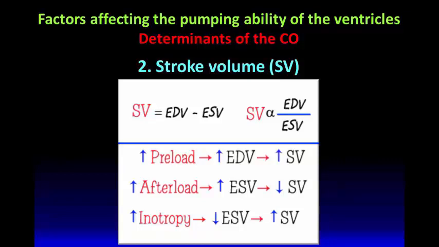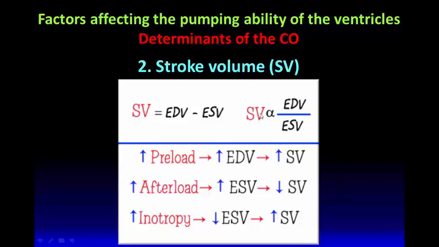So now we have finished with the definitions of the factors which affect the stroke volume, and let's describe how these factors affect the stroke volume in detail. And just a very quick overview of how these factors affect the stroke volume. Stroke volume, as you all know, is equivalent to the end diastolic volume minus the end systolic volume, because this is the volume which is ejected during ventricular systole, from the left ventricle into the aorta and from the right ventricle into the pulmonary trunk.